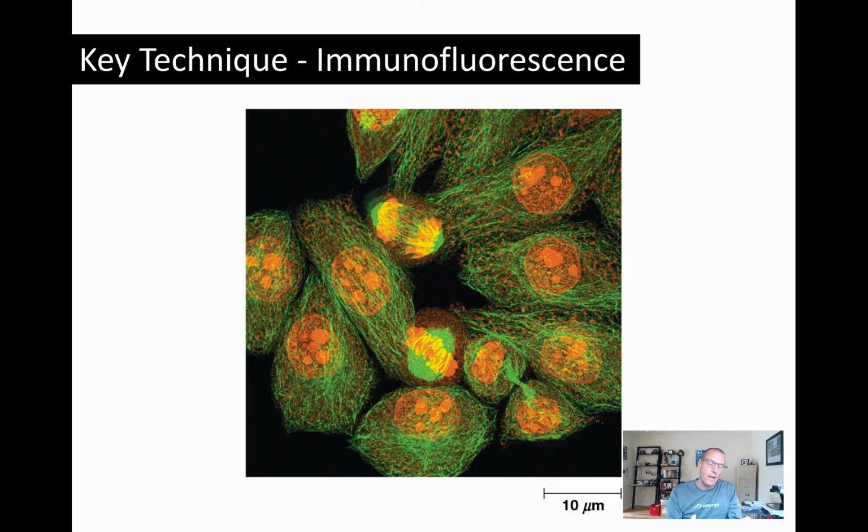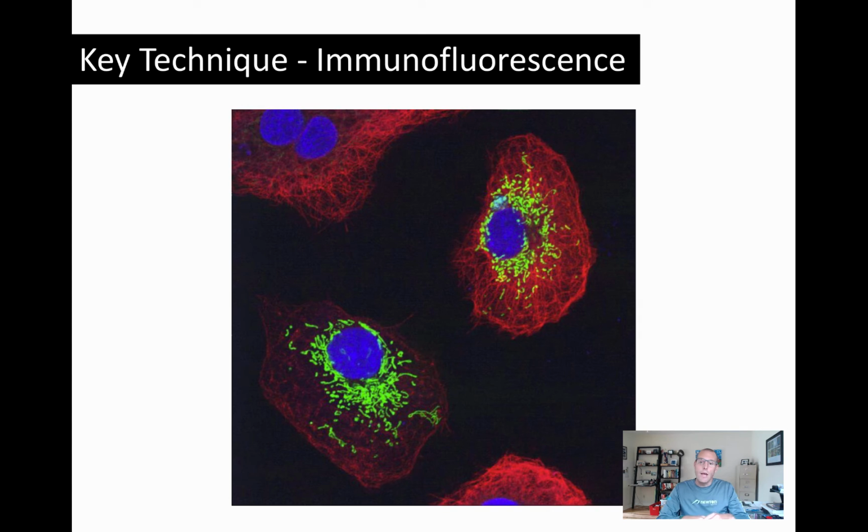And then what we've also done here is we've added a dye which is able to bind to DNA, and so we see the nucleus and the nucleoli in orange here. All the little tiny dots are probably the mitochondria or just background. So we take a picture of that, and then we put the two pictures on top of one another, and we have this compound image of all the microtubules throughout the cell as well as the DNA.